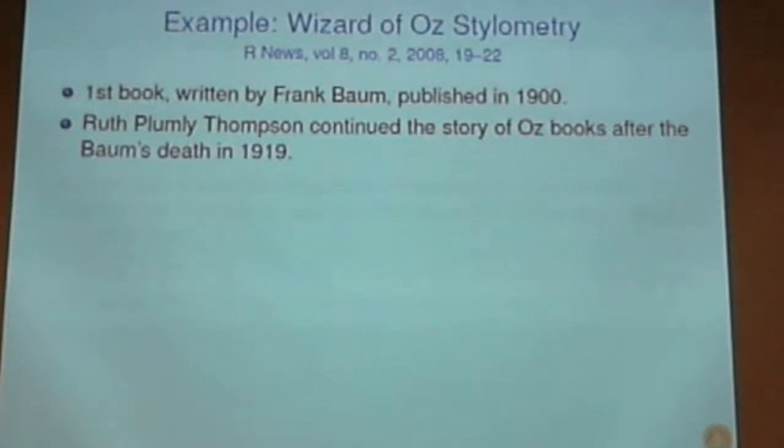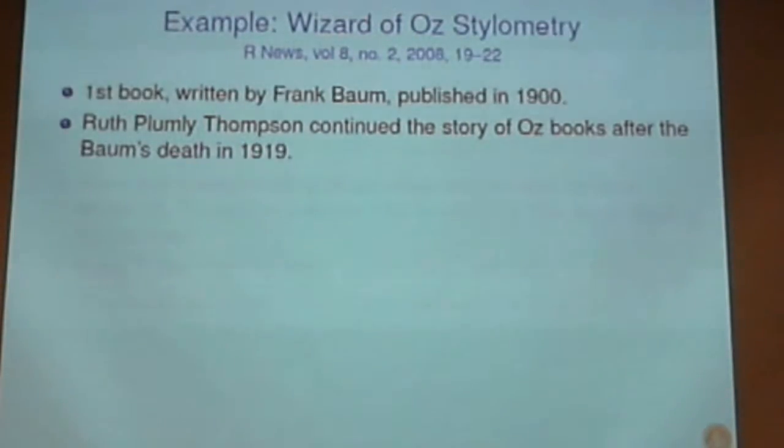I think you read it from a very young age, right? I think you should be very familiar with this, so maybe you can tell me more about that. The first book, of course, was written by Frank Baum in 1900.